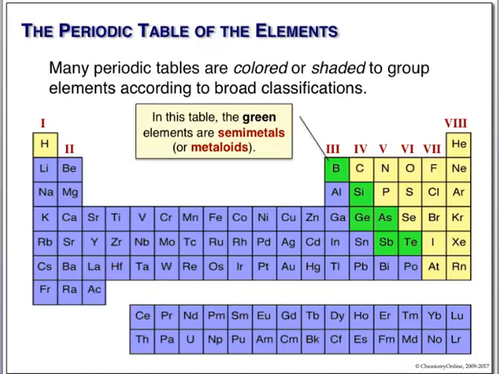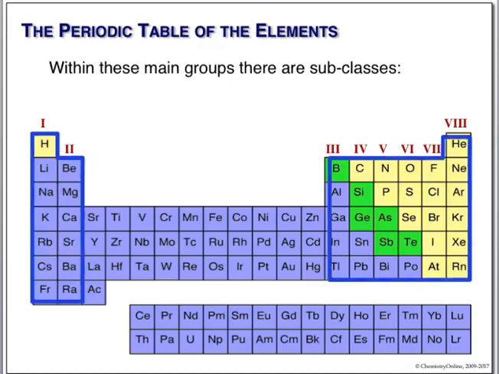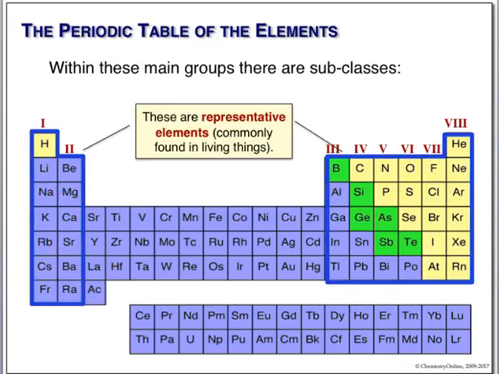Now, when we talked about groups, I said we're only going to deal with groups 1, 2, and 3 through 8. Going to ignore these in the middle. That's because these guys are called the representative elements. Now, this is a very old classification. It used to be thought that these guys, the representative ones, were what you would find in a living thing. Now, this is really wrong.